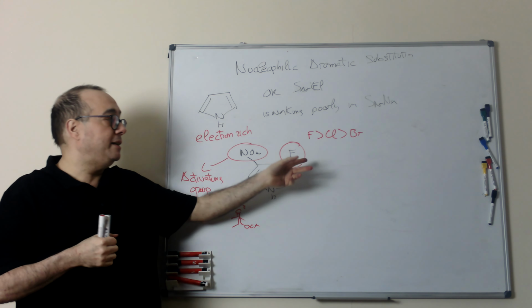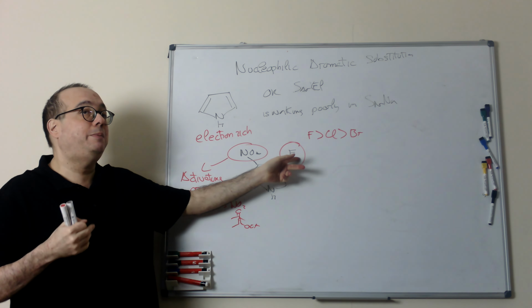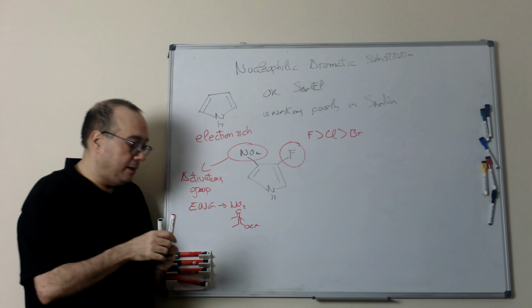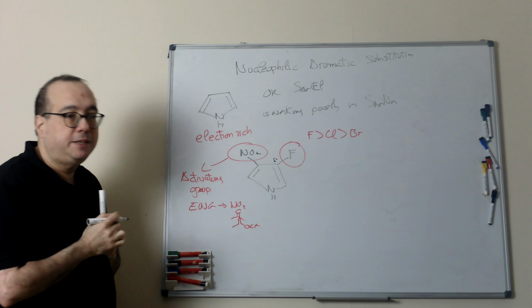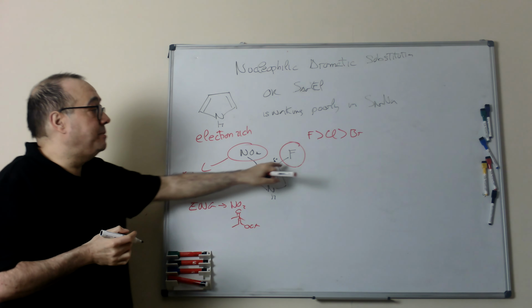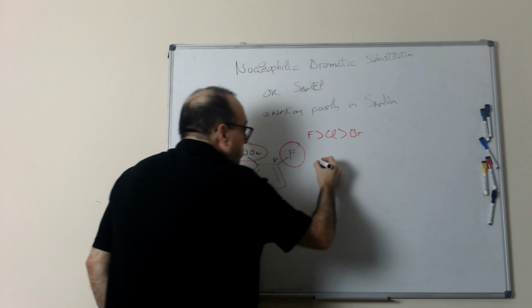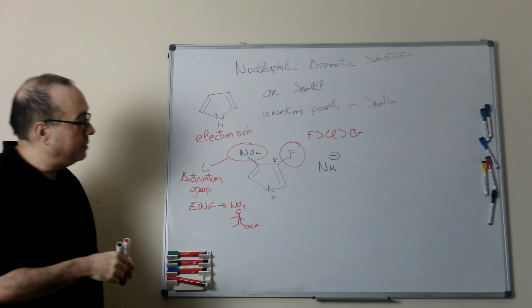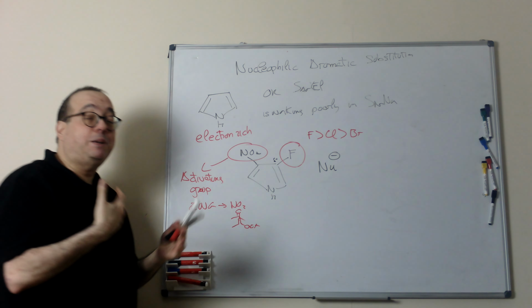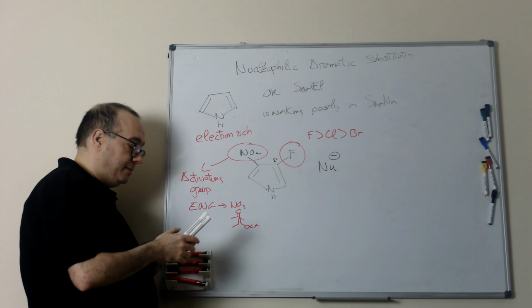Because fluorine is the most electronegative. This atom has to be very electronegative in order to generate a positive charge density here. And the second is that it's the smallest. That means when the nucleophile approaches, this is the one that presents less steric hindrance.